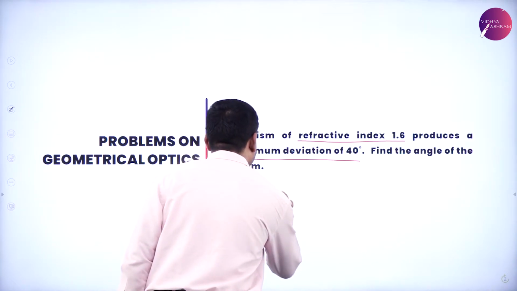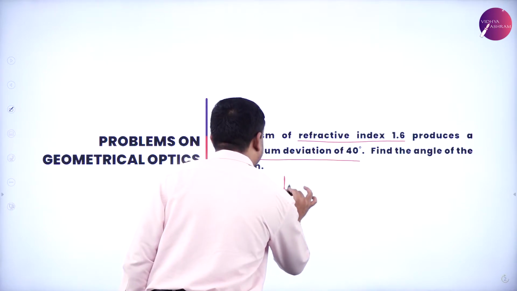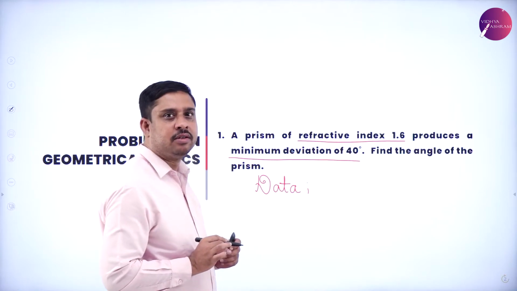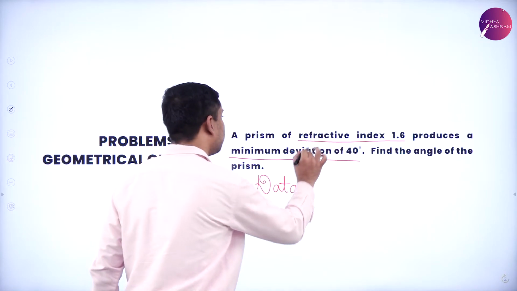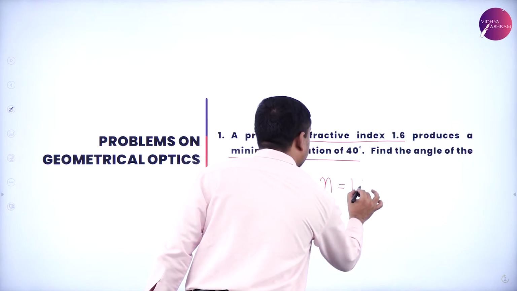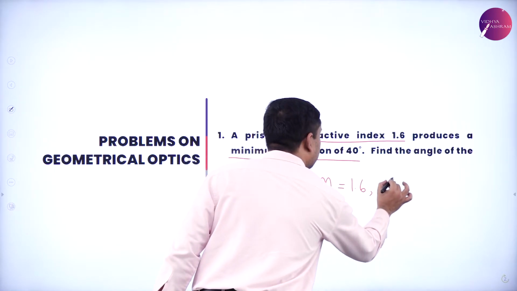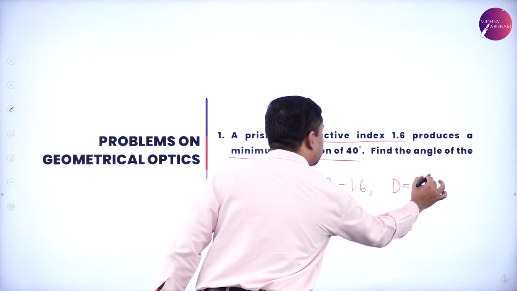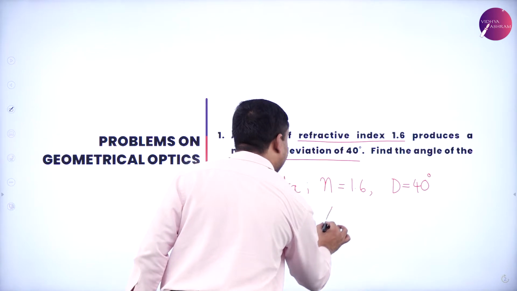So, taking down the data first, as we have done usually, refractive index is 1.6. Angle of minimum deviation is 40 degrees.